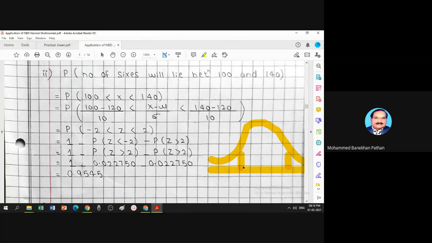You want the area between these. Again, the total area under the curve is 1, minus this area is the answer of your calculation.